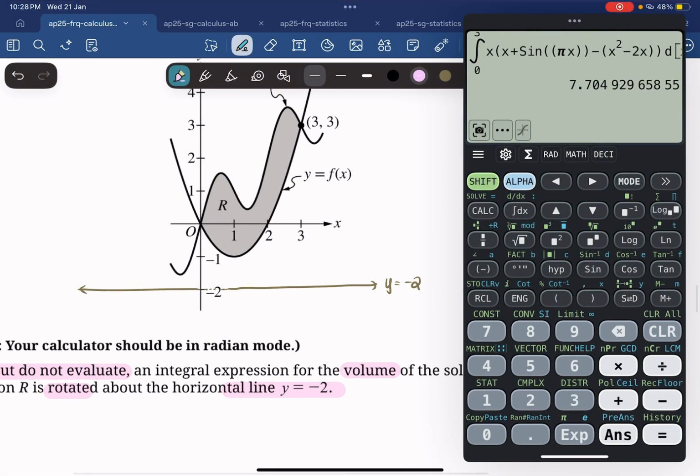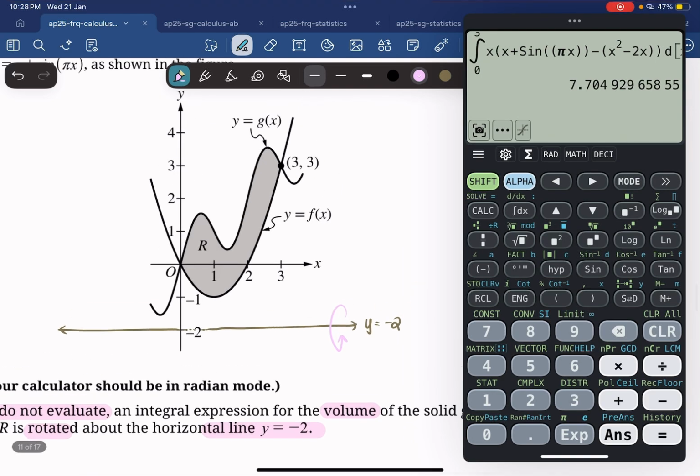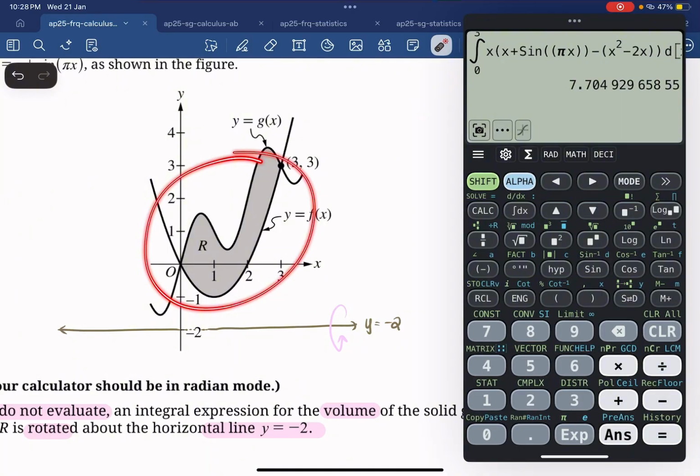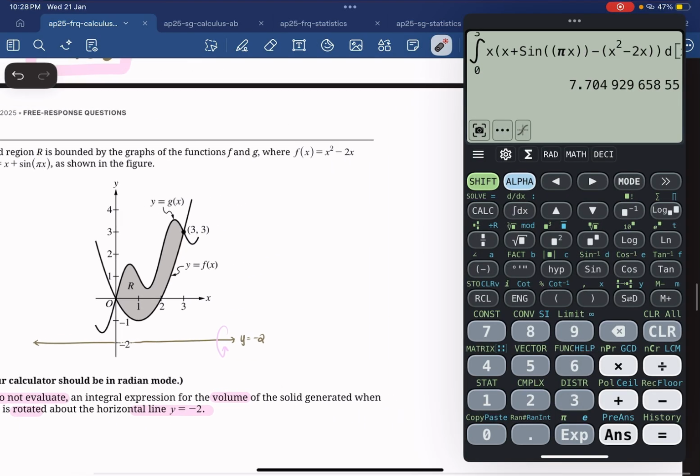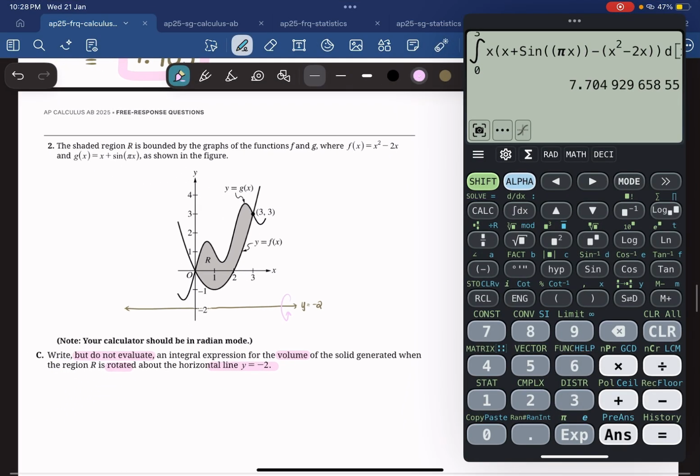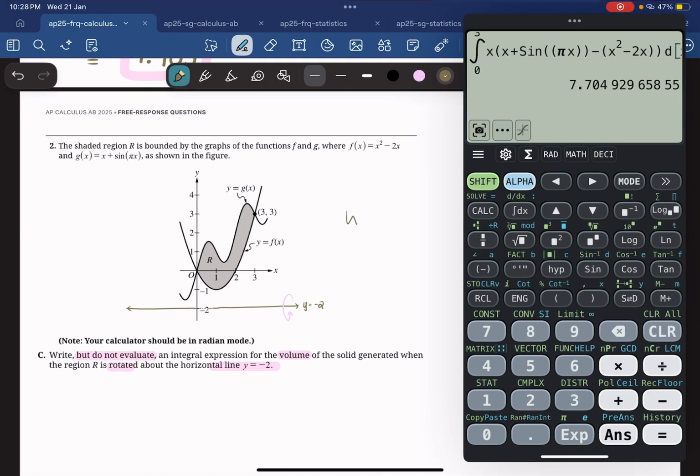Now, if this is my axis of rotation, then clearly the region is far away from the axis of rotation. So I'm going to have a small radius and a large radius. So this is going to be the volume using Washer's method. Okay, so here we're going to use Washer's method.